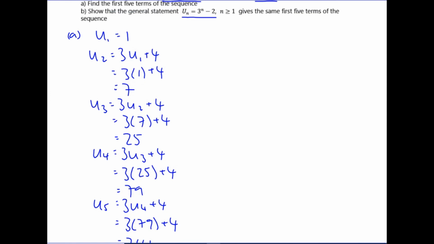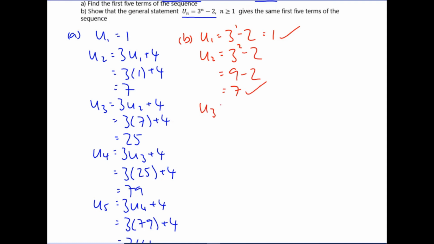Generating the first 5 terms from the nth term, we're just going to sub in n is 1, n is 2, n is 3, and so on. So u1 is 3 to the 1 minus 2, which is 1, so that one's correct. u2 is 3 squared minus 2, which is 9 minus 2, which is 7, which works. u3 is 3 cubed minus 2, so it's 27 minus 2, which is 25.